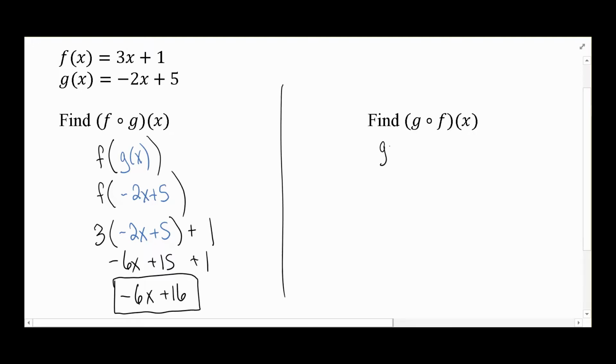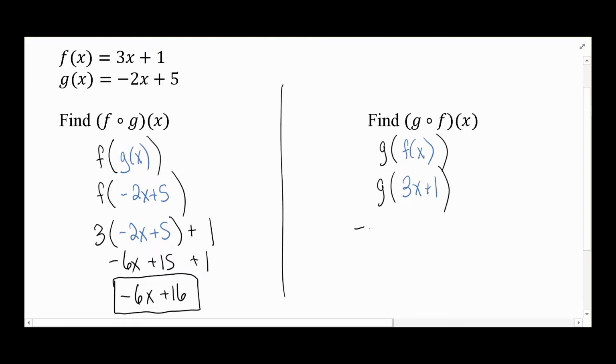So if I do g of f of x, then I'm saying g of, well, f is 3x plus 1. And now I want to say, what's g telling me to do?